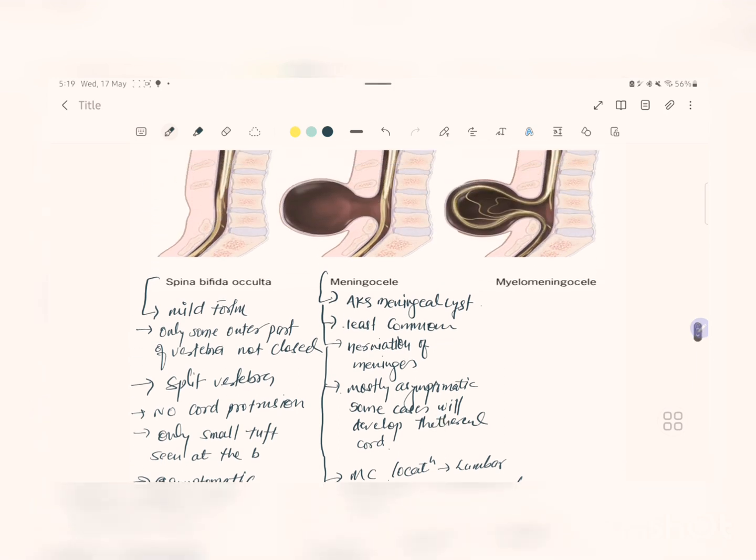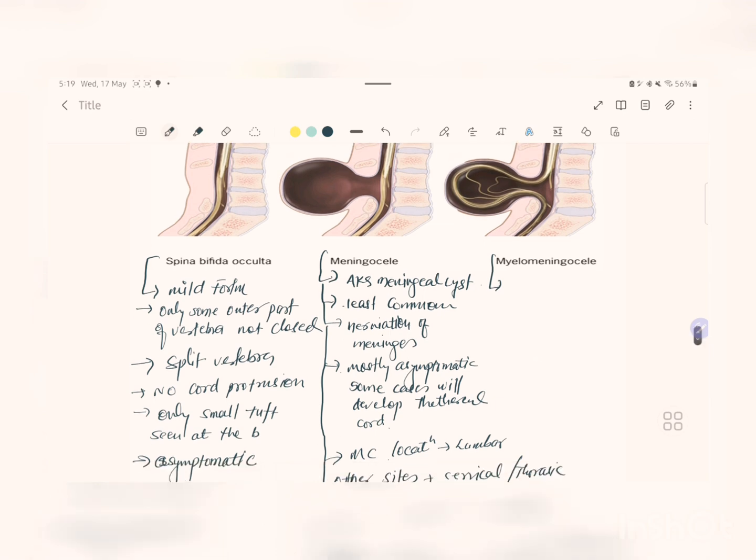This is treated surgically. We can excise this cystic swelling and close the defect primarily. Now we will move to the third type, that is myelomeningocele.